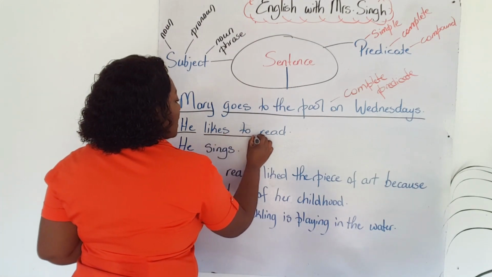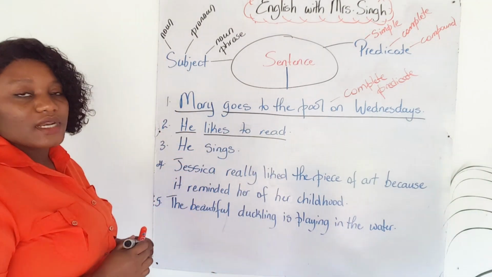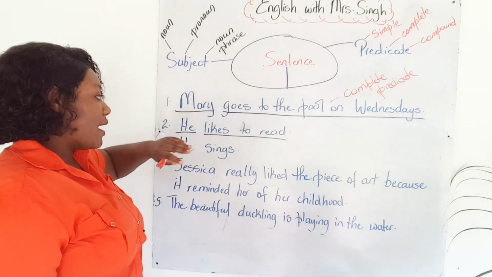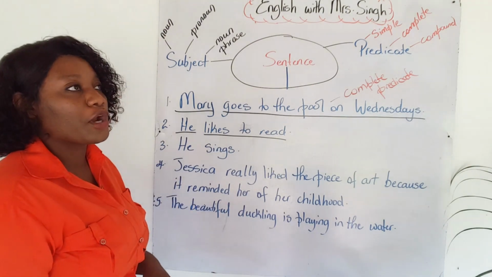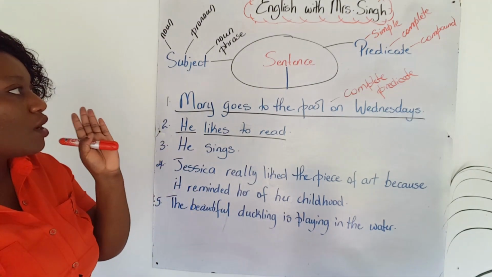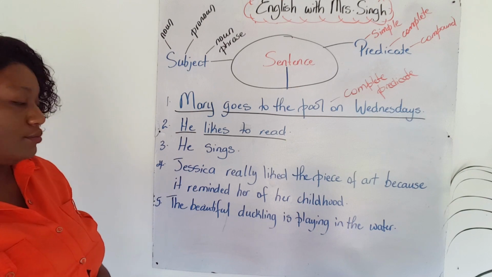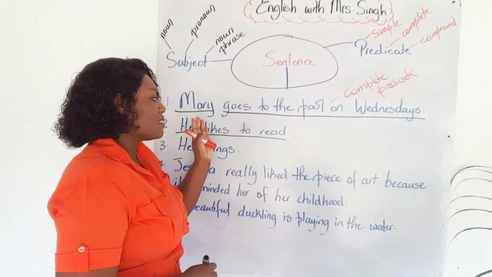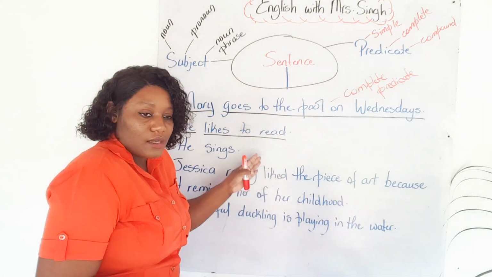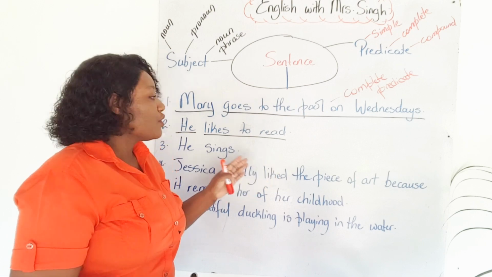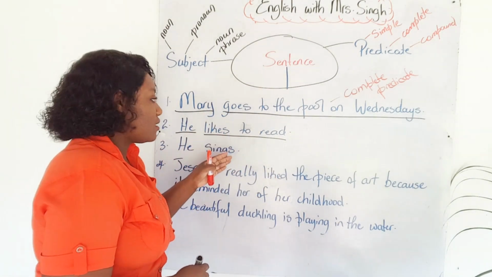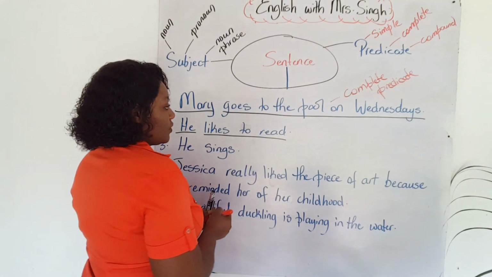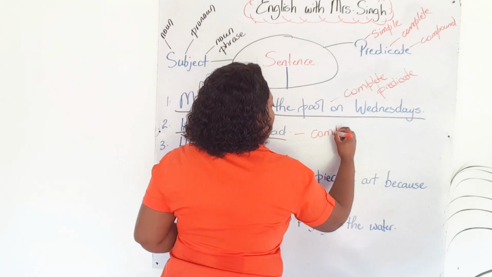So this part of the sentence here is our predicate because likes is our verb. Is it simple, complete, or compound? No, because it doesn't just end with our verb here. It has additional information. So the additional information that is given makes it a complete predicate.